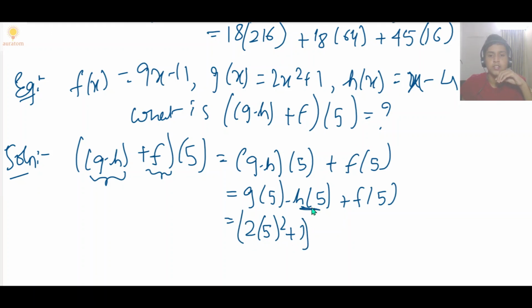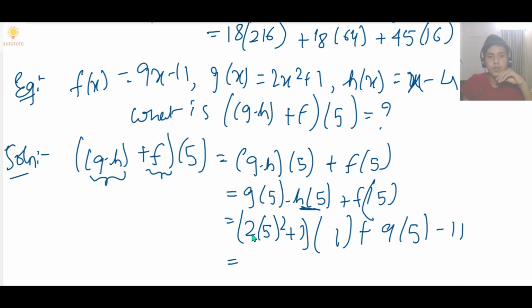And to calculate h of 5, we substitute 5 in h of x, so h of 5 equals 5 minus 4, which is 1, plus to calculate f of 5 we substitute 5 in f of x, since f of 5 is 9 into 5 minus 11.